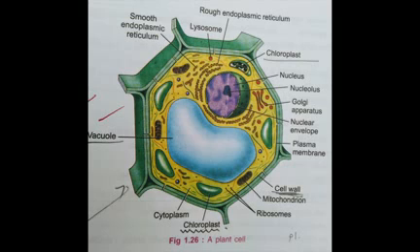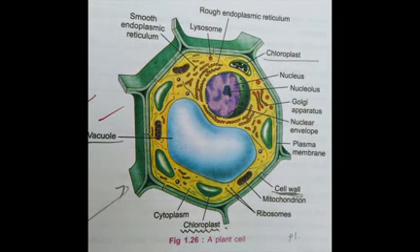Cell wall provides rigidity, structural strength and definite shape to the cell. It helps in transport of various substances across it. So this goes about the cell membrane or plasma membrane and cell wall.